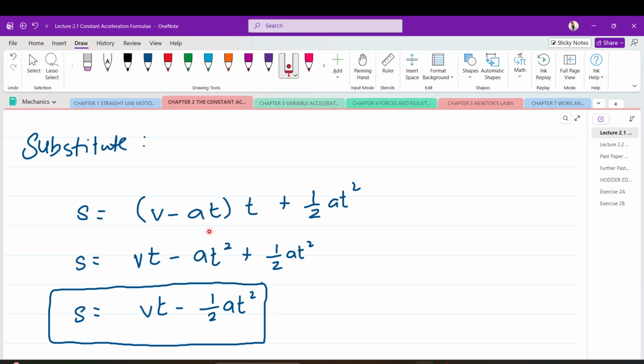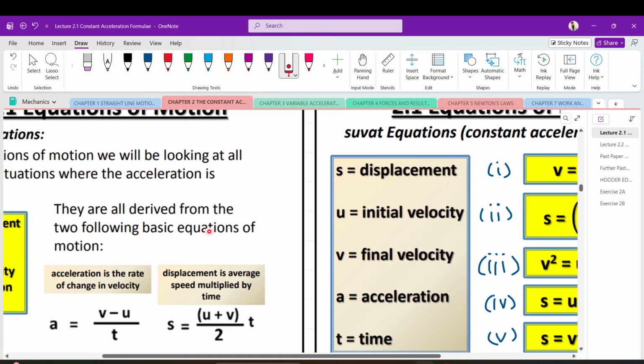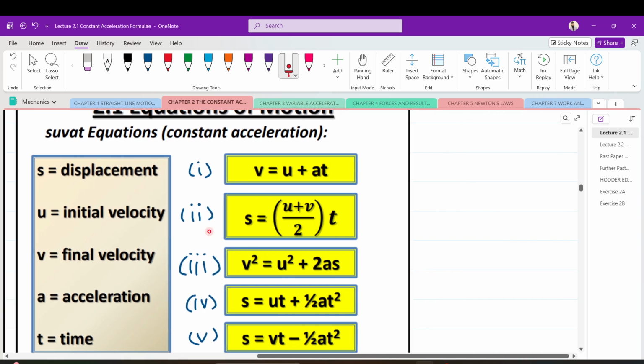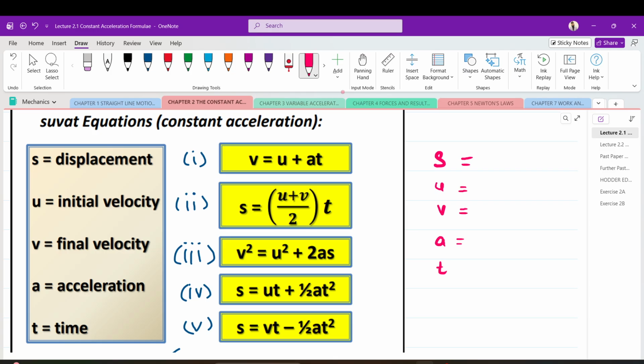Now let's come to the reason why we need so many equations. Because depending on what the question is, where will each equation be applicable? If I write down SUVAT, you're always going to see what variables are given and what variables are not given.